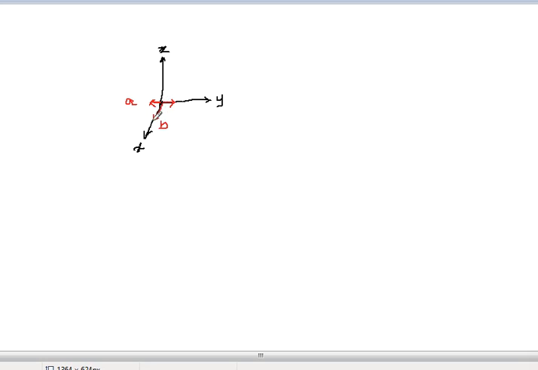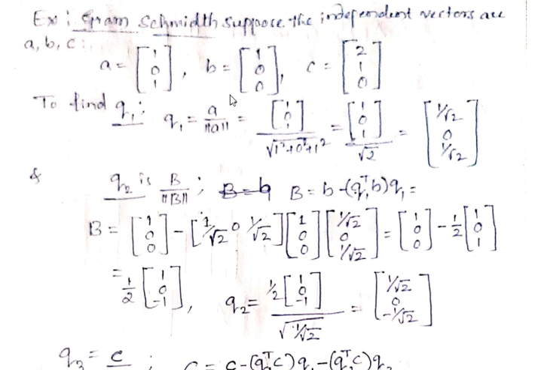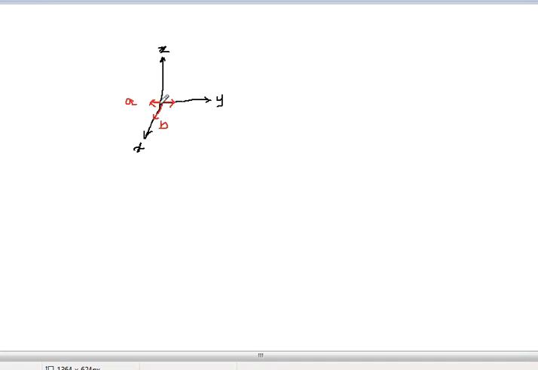Let's say it is B. And similarly, our C is 2, 1, 0. As C is 2, 1, 0, we can write it in this way. C is 2, 1, 0, meaning 2 and 1 in this way.